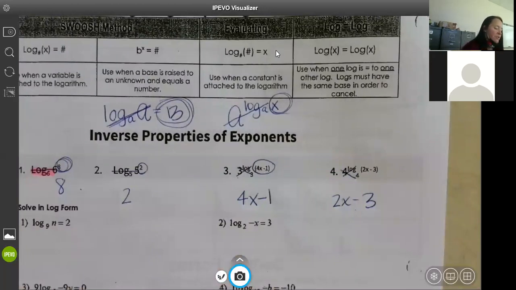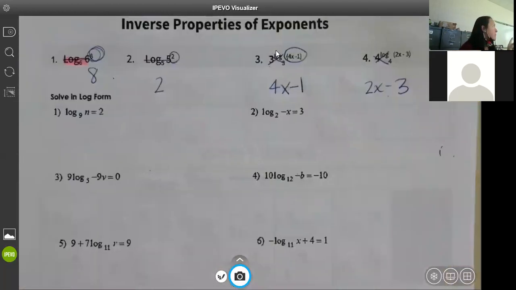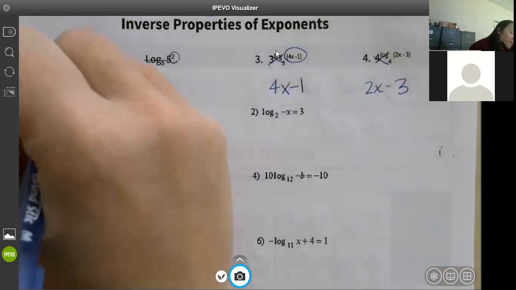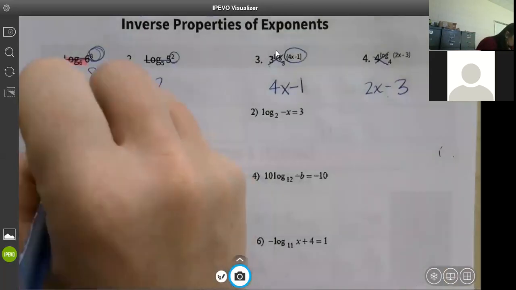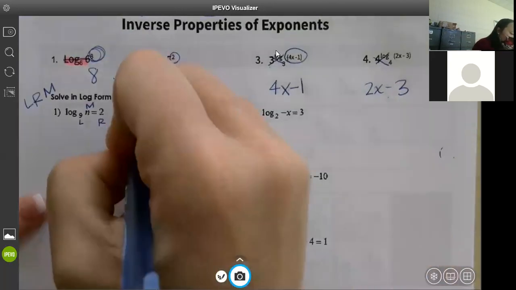All right, so here's your simple solving. Left, right, middle. So they're already in log form. So we're trying to get rid of the log because that's what we can't do. So we're going to do left, right, middle, like we did in the very beginning of the note. So your left is 9.